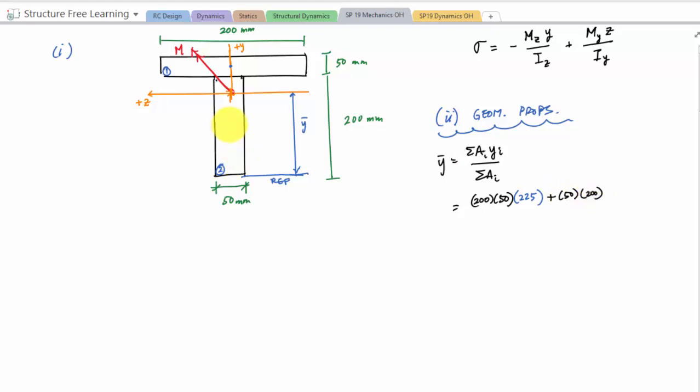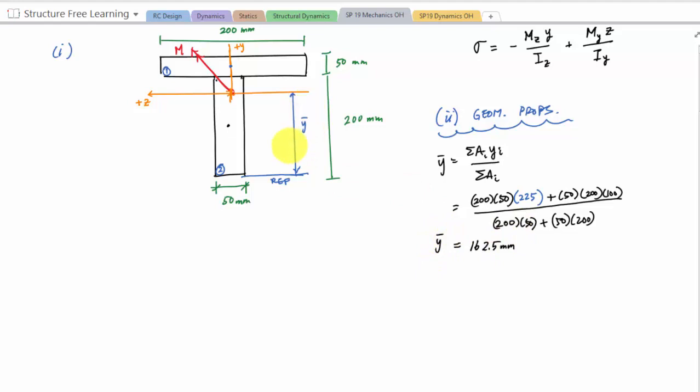And the center of this element from the reference is 100 millimeters, divided by the total area. So that's 200 times 50 plus 50 times 200. And when I calculate this out, I have 162.5 millimeters. That seems reasonable. So 162.5 millimeters.